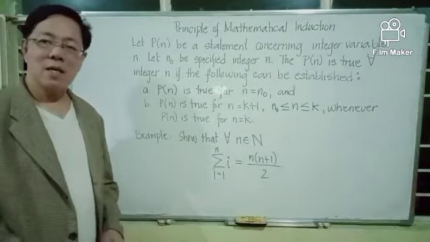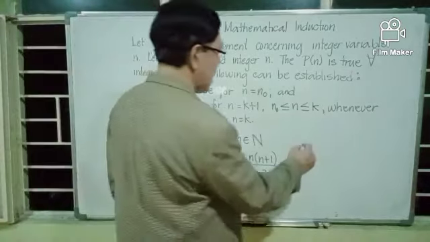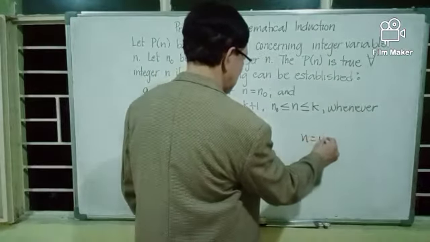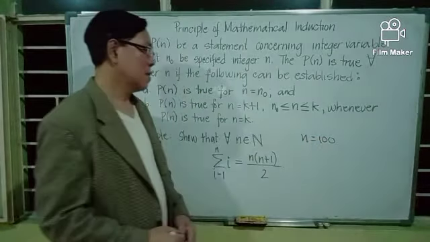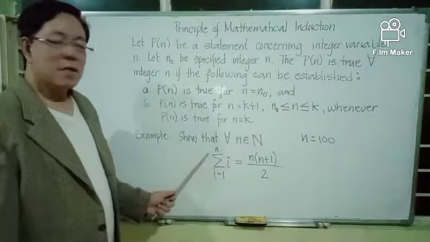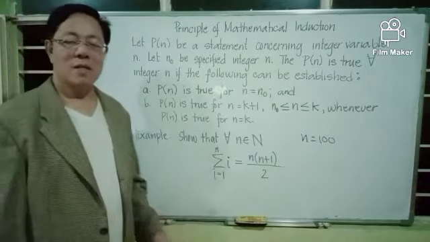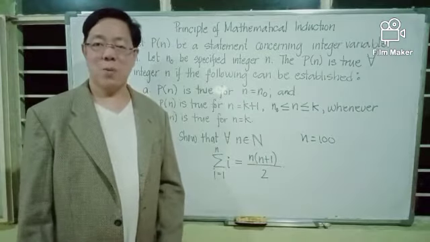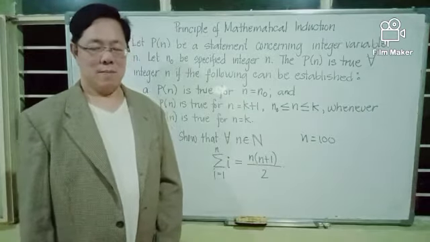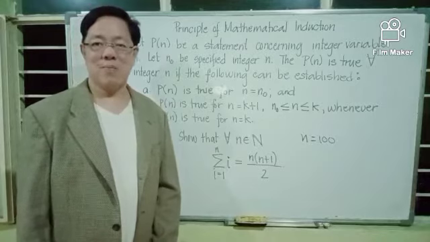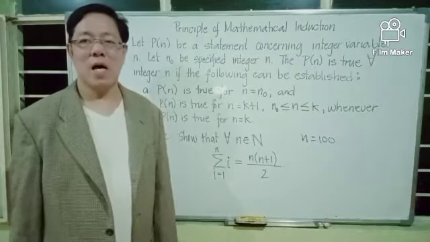Suppose n here is 50 or 100. The left-hand side would be the summation of i equals 1 to 100. That is, you will add the numbers from 1 to 100, or 1 plus 2 plus 3 plus 4 up to plus 100.